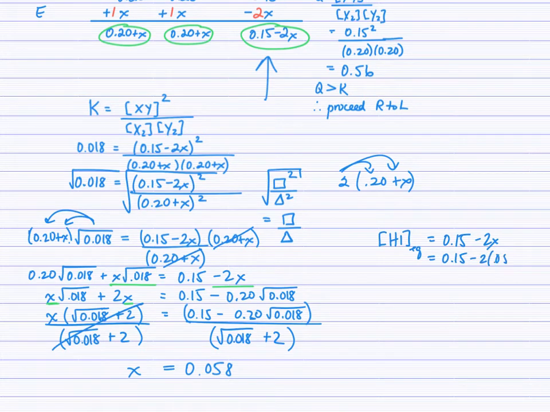So 0.058 can be substituted there and subtracted. 0.15 minus 2 times 0.058 leaves us with 0.034 moles per liter. So therefore the equilibrium concentration of HI is 0.034 moles per liter.